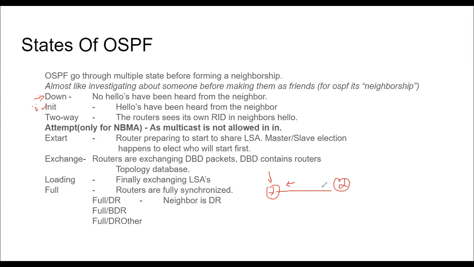I'll be receiving a hello from the neighbor with my own router ID in it. See the statement. I'm receiving a hello from the neighbor with my own router ID in it. For example, my router ID is 1.1.1.1. I configure it here as 2.2.2.2. Hello is multicasted, right?